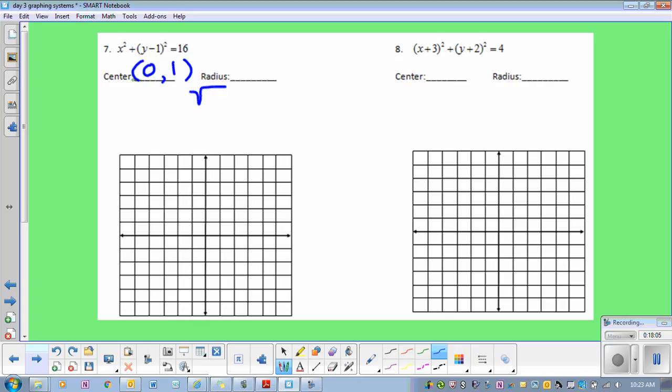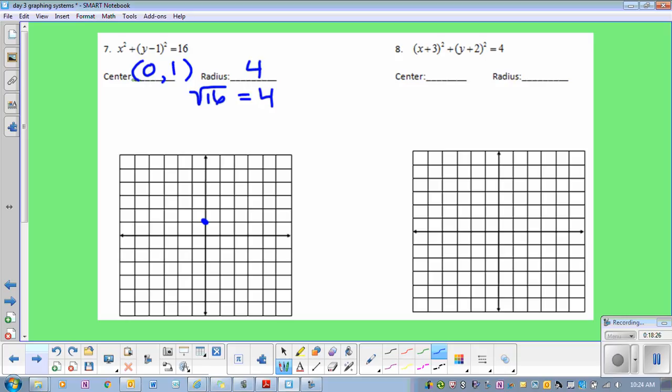6. What's the square root of 16? 4. That's your radius. It should never be that equals number. It should be the square root of that equals number. So 0, 1 is my center.